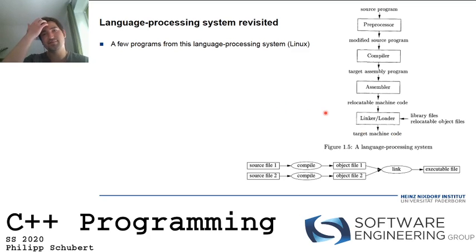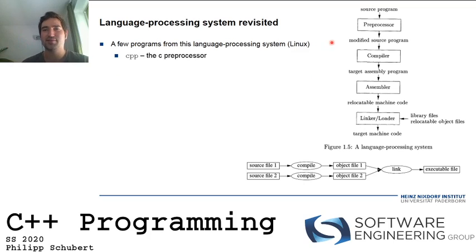You can call the Clang or GCC or G++ compiler for all that, and the G++ or Clang++ compiler are basically just wrappers or shells which call the right commands.